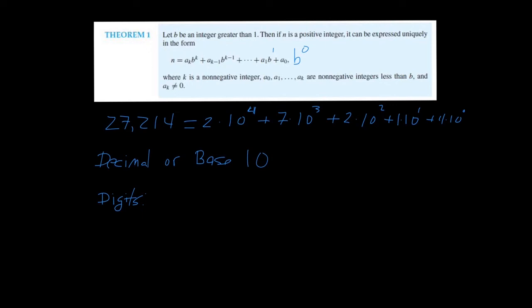So all of the non-negative integers that are less than b. So the digits are 0, 1, 2, 3, 4, 5, 6, 7, 8, and 9. So in different bases, you'll have different digits. And we'll see how that works right now.